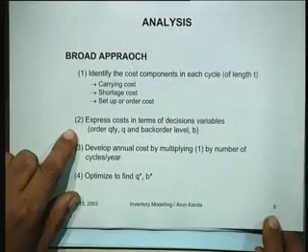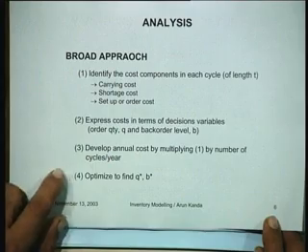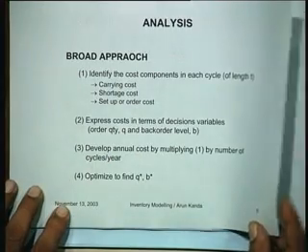So the basic philosophy is examining each cycle, and the cycle will repeat itself. If you identify the costs in that cycle, the same behavior will repeat for each cycle. Then express costs in terms of the decision variables, develop the annual cost, and optimize to find Q star and B star.